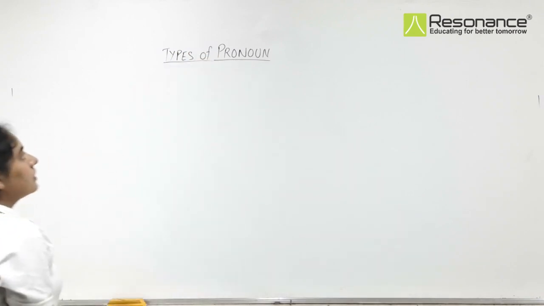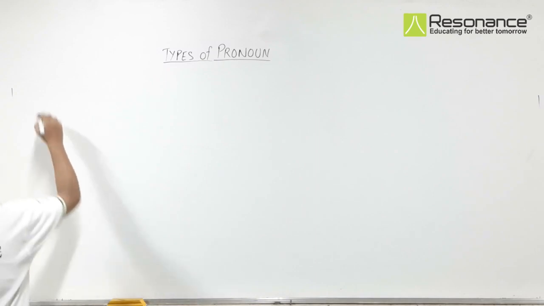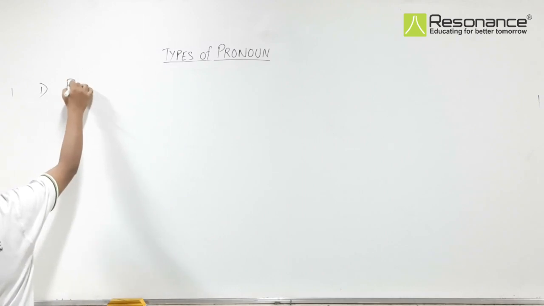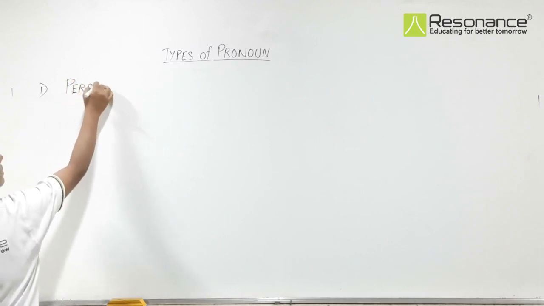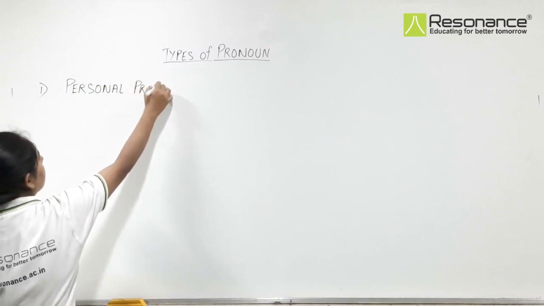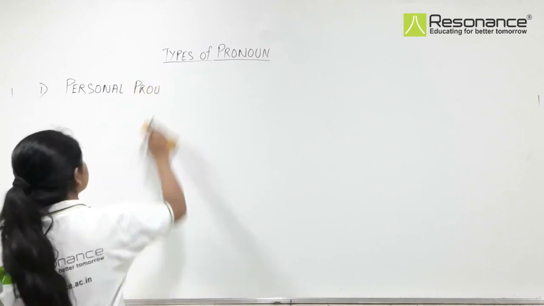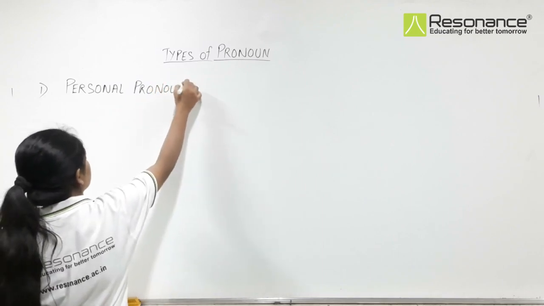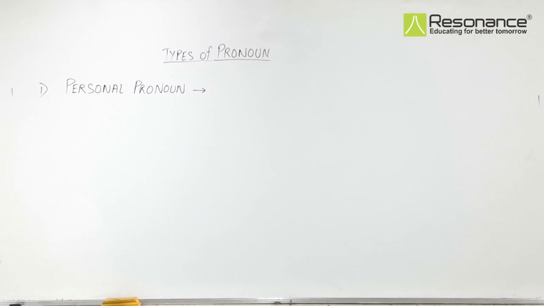Okay, types of pronoun. Today we are going to study the first type of pronoun, that is the personal pronoun. Which pronoun? Personal pronoun. Now when we talk about personal pronoun, you will see there are three main categories.